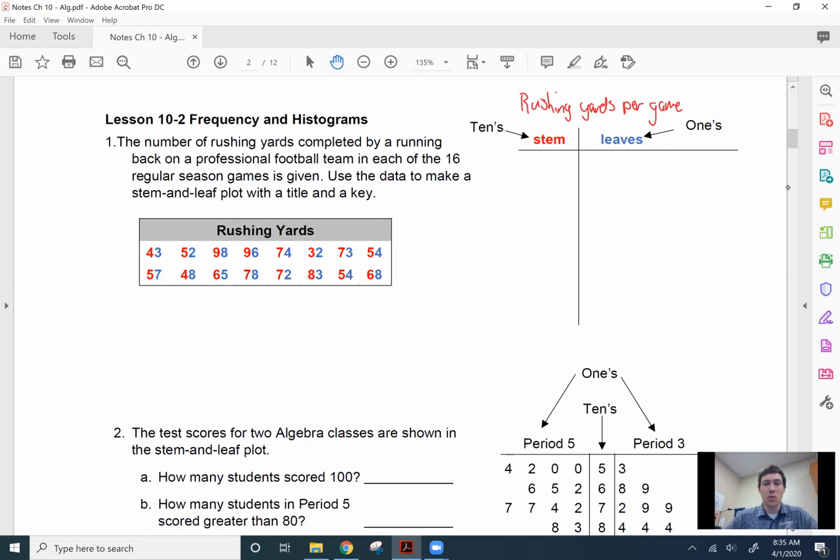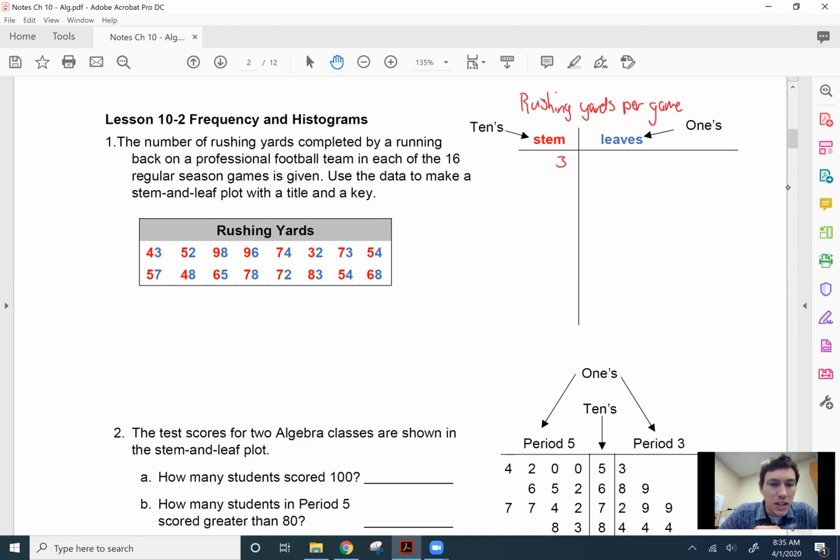So first of all, we're going to order our stem by lowest to highest. So in the 10 spot, looks like this player never rushed less than 30 yards. Notice we put the 3 from here in the stem. And then let's see here.